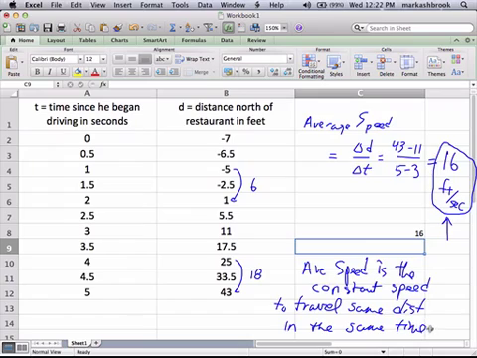The car does not go 16 feet per second. It's constantly increasing in its speed. But that number represents something else that achieved the same distance at the same time, but went at a constant rate. Really important concept. Does it make sense? Okay.